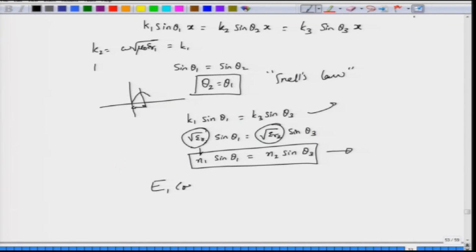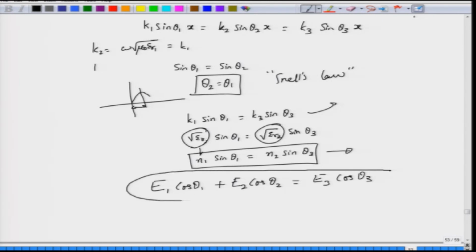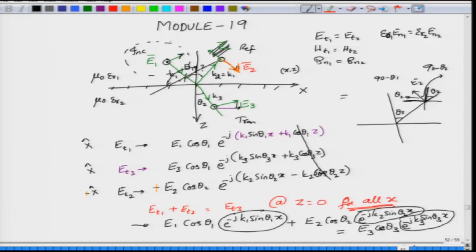We will write the equation for our use now. We have E1 cos theta 1 plus E2 cos theta 2, where theta 2 and theta 1 are equal to each other, is given by E3 cos theta 3. This is one equation that you need to keep in mind. Now, we need to supplement this equation with the magnetic field equation. You go back to this picture, and assume that this is H1 magnetic field, this is H2, and then you will have H3.